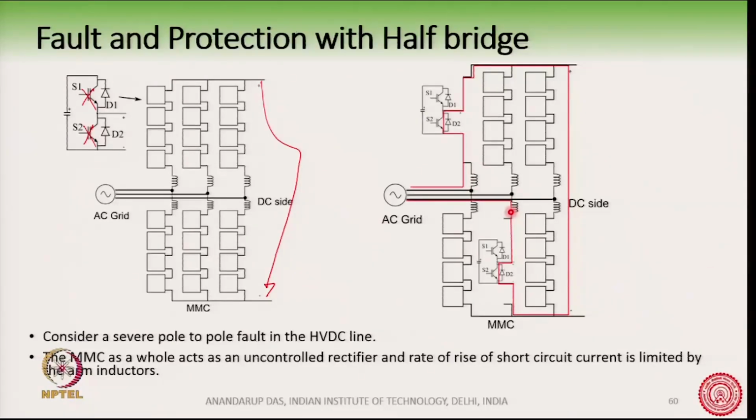That means if the rate of rise of current is di/dt, then VAB is equal to 2L di/dt, where L is the arm inductor. That is how the current will be limited. Therefore, the inductors in the MMC have a very important role to play during short circuit condition, because the rate of rise of the current during short circuit is controlled by the arm inductors.